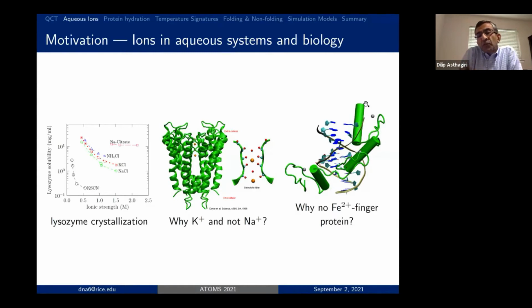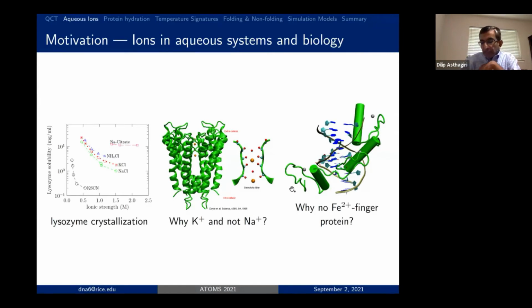For these kinds of problems, especially for the zinc finger protein, you are faced ultimately with the idea of trying to describe chemical interactions. So now you have to account for electronic structure effects.